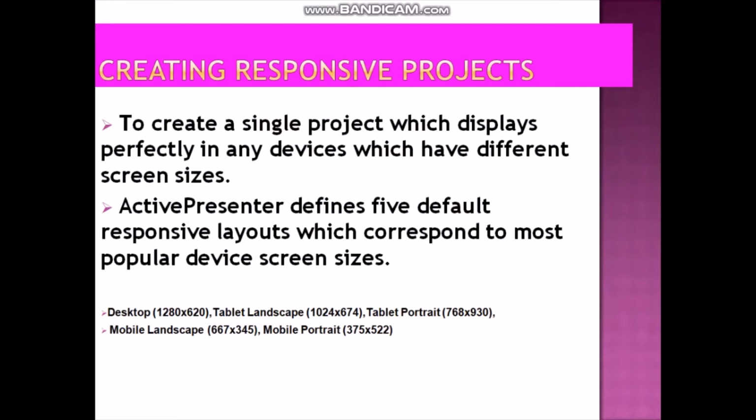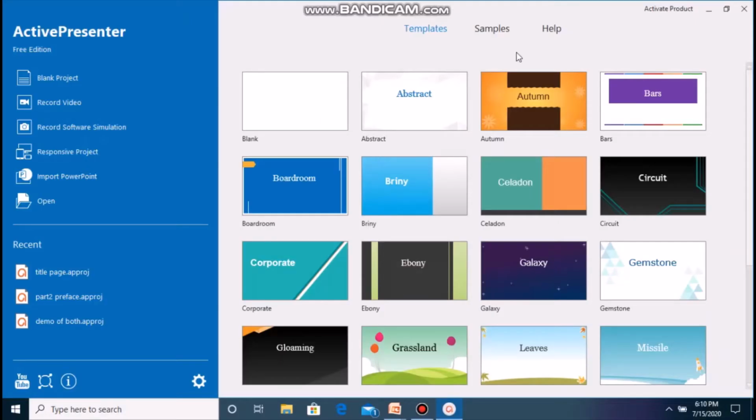So friend, let's start with Active Presenter, where we check how to create this device friendly or device independent responsive project. Active Presenter allows 5 different types of responsive project.